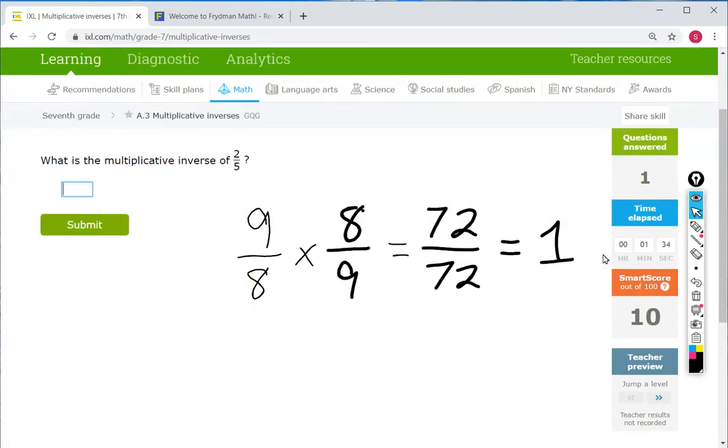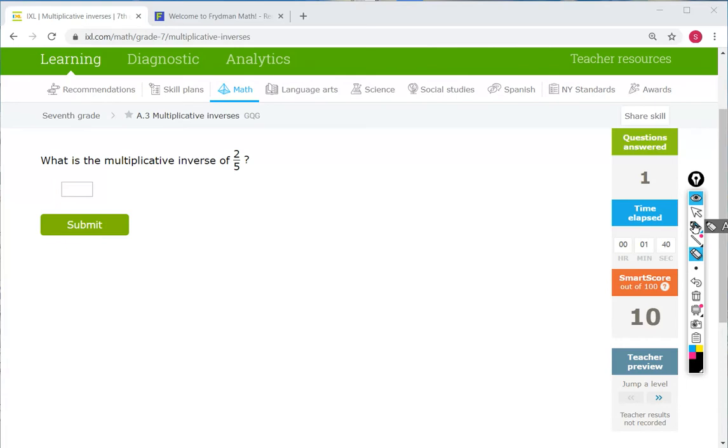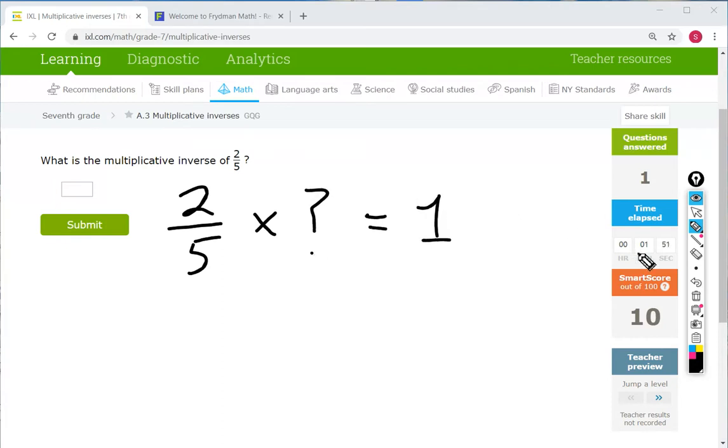What is the multiplicative inverse of 2/5? Again, that means 2/5 times what would be equal to 1. And the answer there is just the reciprocal of 2/5, which is 5/2.